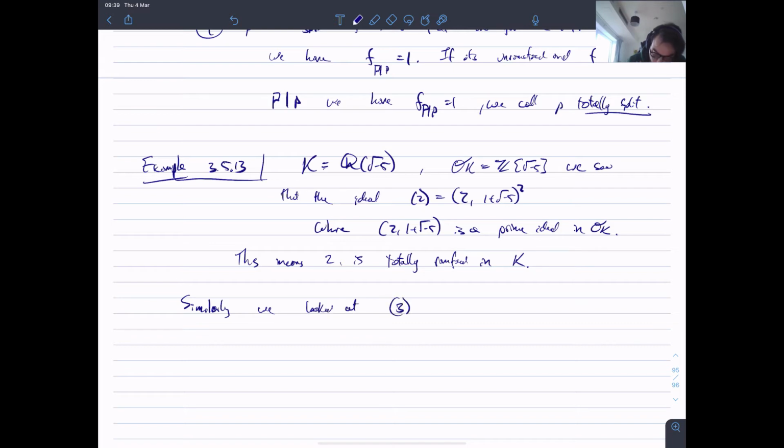the ideal generated by 3, and we found that this factored like this, with each of these ideals being prime.